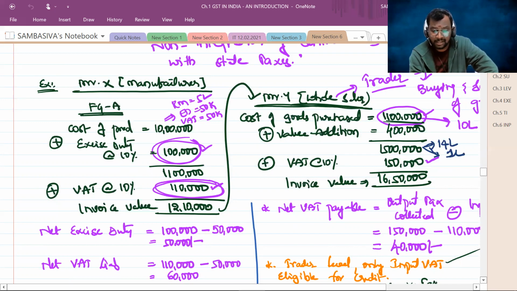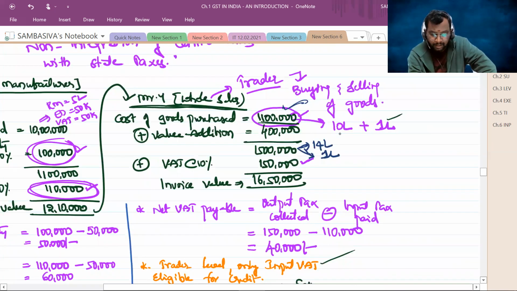Mr. Y, wholesaler, purchased the goods from the manufacturer and recorded the price at 11 lakh rupees. Look at here, 11 lakh rupees. This 11 lakh includes excise duty of 1 lakh. You can see here 10 lakh is the original cost and 1 lakh is the excise duty. And why did he add excise duty to the cost of the product? Because excise duty is allowed as SENVAT credit only to the manufacturer.